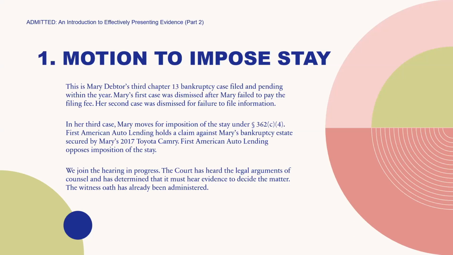Number two, you need to make sure you know the rules of the judge you're appearing in front of with respect to documents, when they need to be produced, how they need to be produced, whether they need to be produced in advance of any evidentiary hearing. And you also need to be cognizant of your particular judge's rules with respect to witnesses.